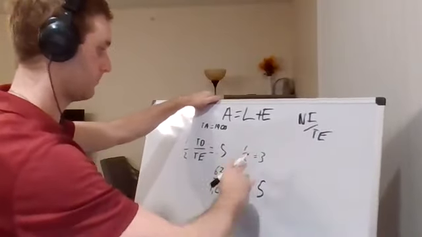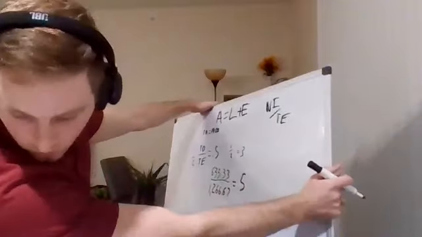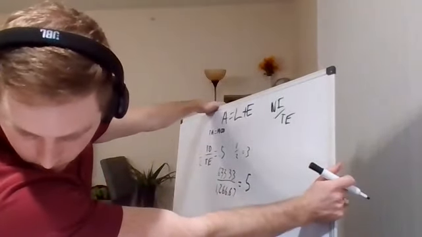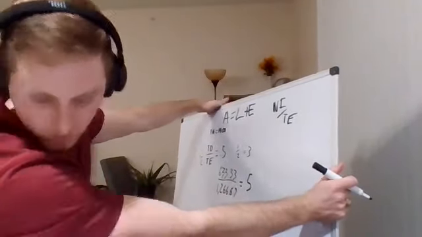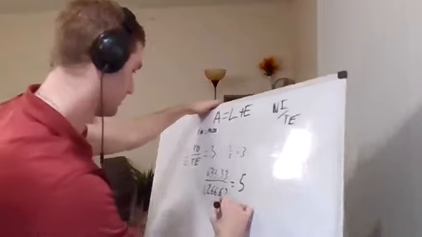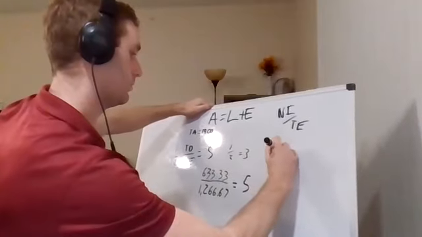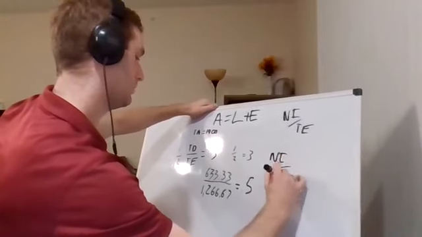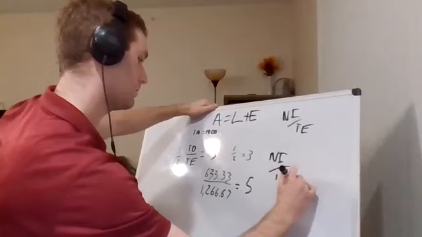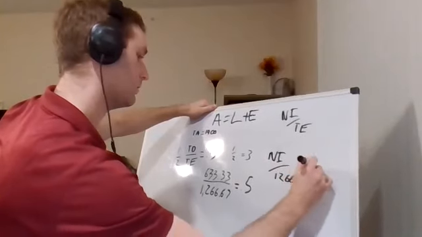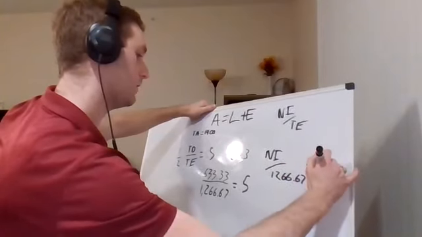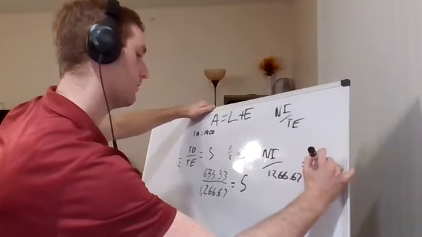And I know net income divided by total equity equals 15%. So NI over 1,266.67 equals 0.15.